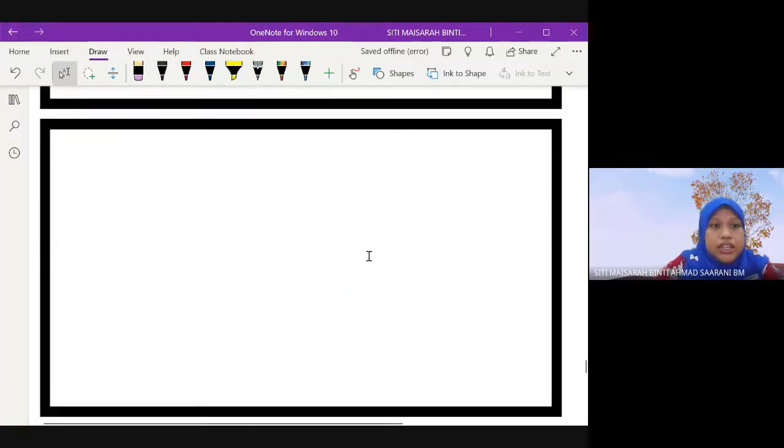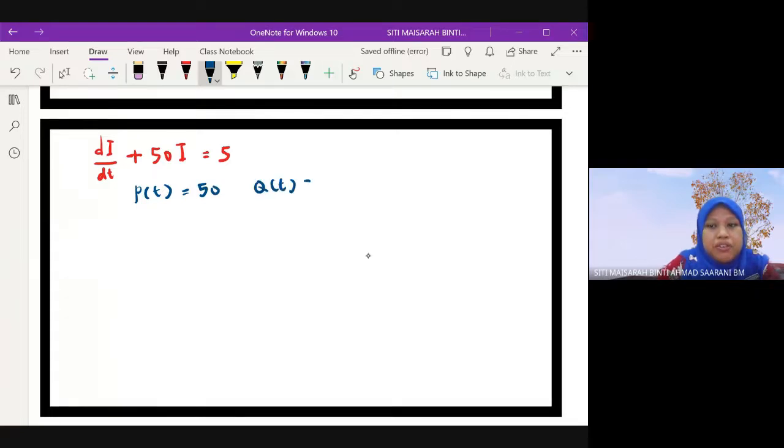So jadi starting kita is starting with di over dt plus 50I equals to 5. Okay. So then from here kita dah tahu our P in term of T is 50, Q in term of T is 5.